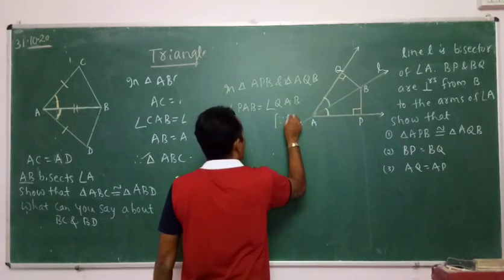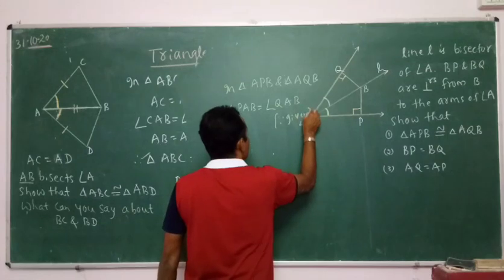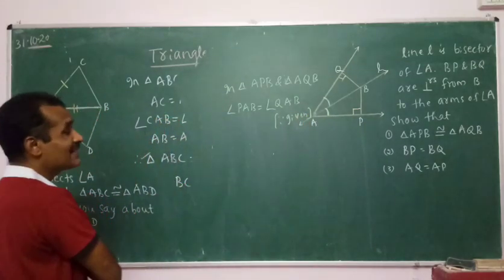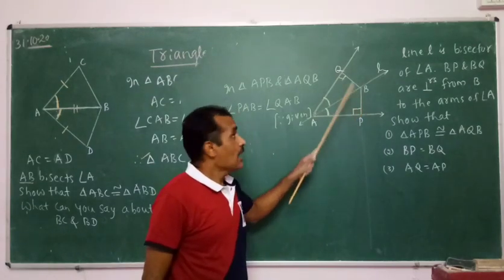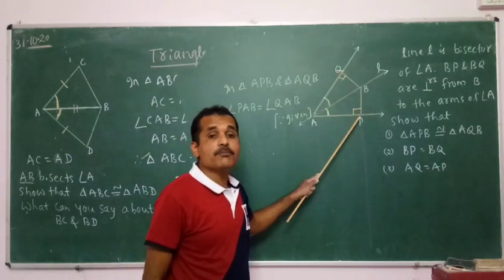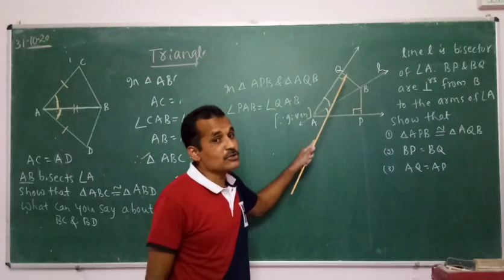This is because of given. One thing is clear, these two angles are 90 degrees. Angle Q is equal to angle P, or angle P is equal to angle Q.